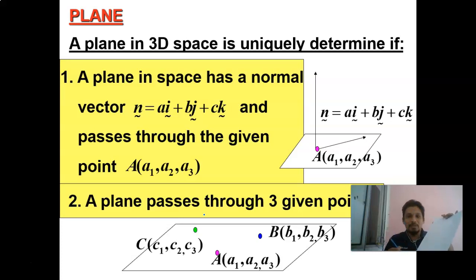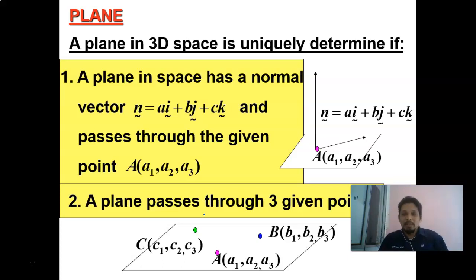Okay, so we can form the equation of the plane. With this point A on the plane, there is a normal vector passing through. Just imagine that this is the position of the plane, and the pen moves from below, passing through the plane.